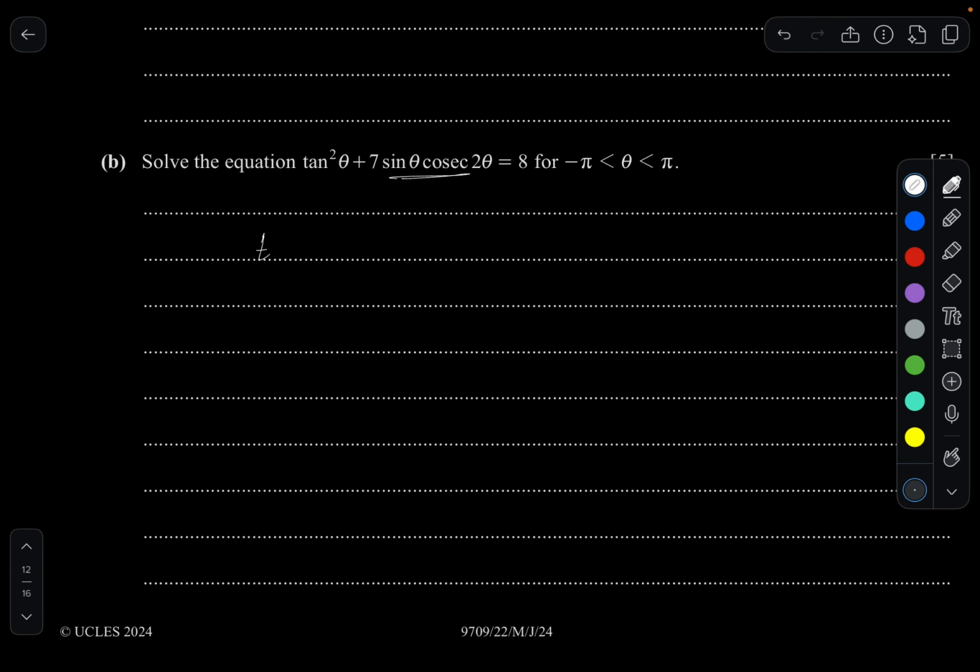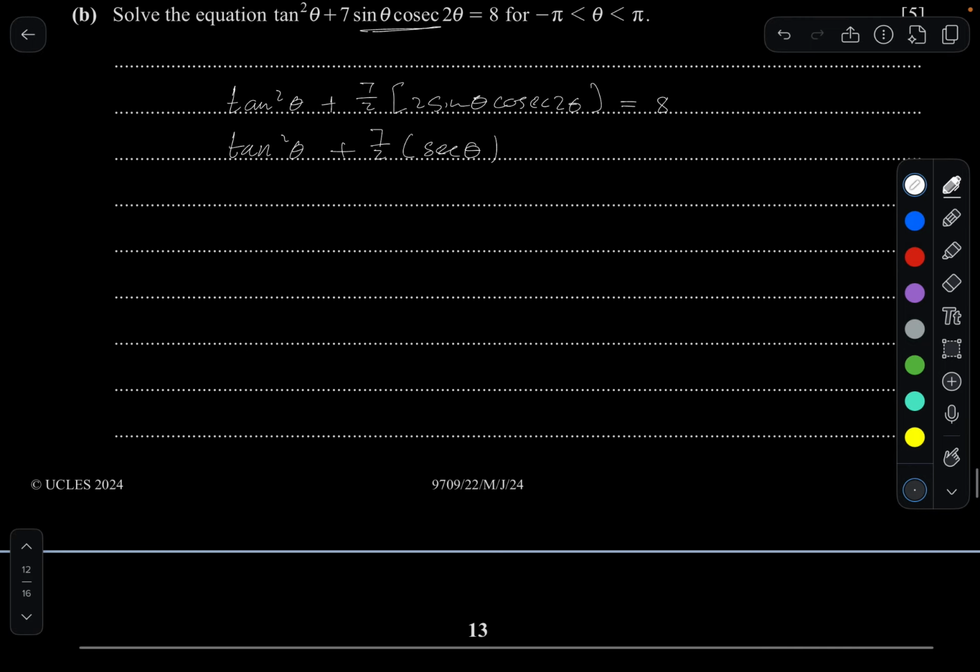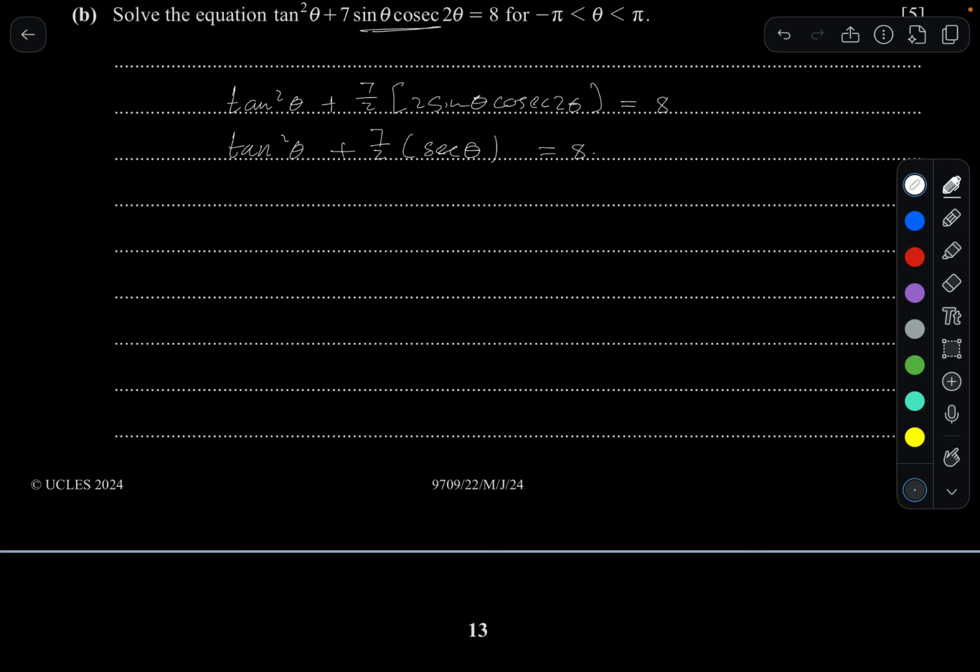So that would be tan squared theta plus 7 over 2 sine theta cosec 2 theta, and this equals 8. And then we're going to say it's tan squared theta plus 7 over 2 sec theta, which equals 8.